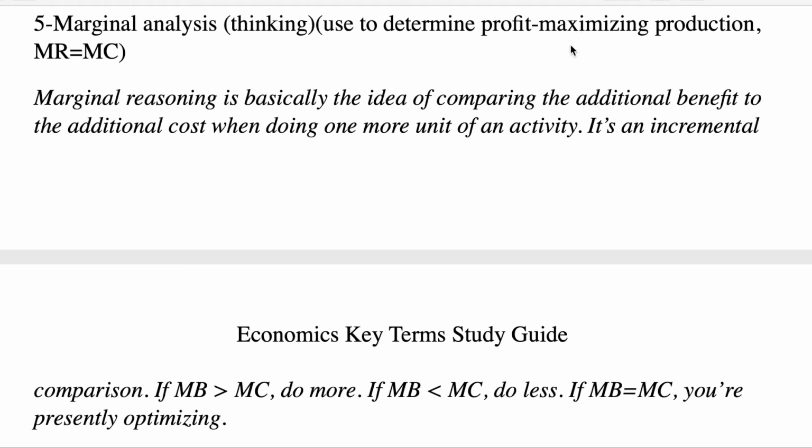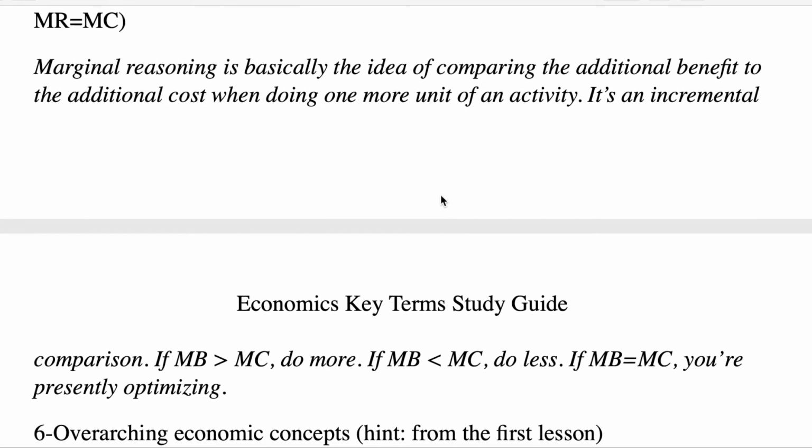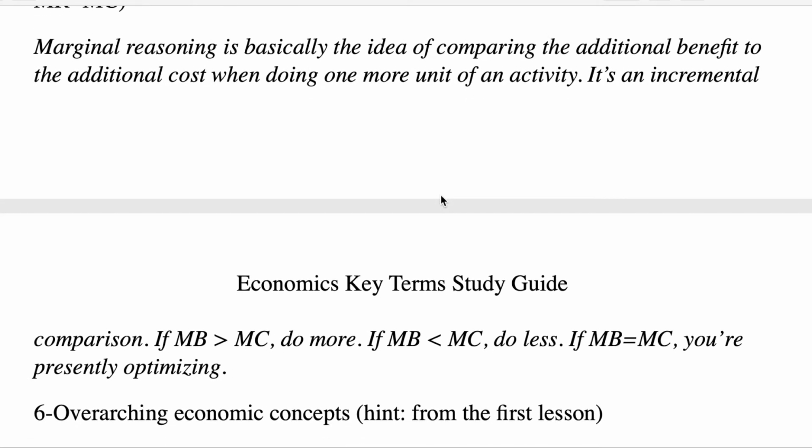So thinking specifically about profit maximization, a profit maximizing firm that's setting a single price in the market is going to want to produce such that marginal cost equals marginal revenue. For a perfectly competitive market, this involves bringing marginal cost equal to market price.